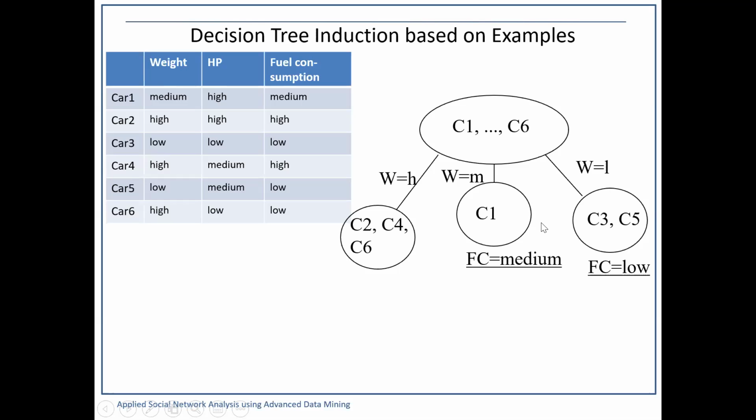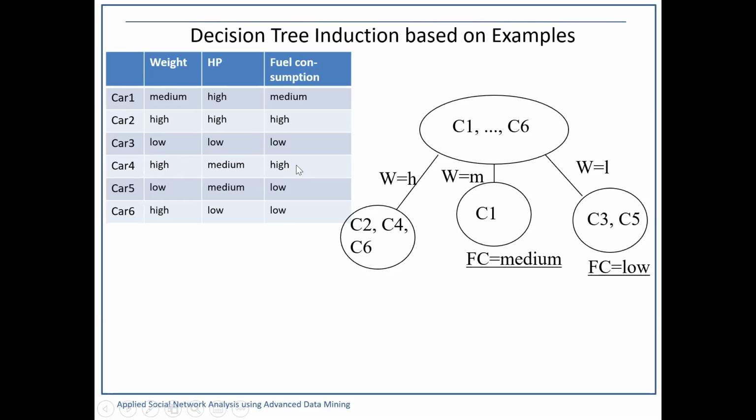As Moritz said, this level already tells me a lot, about half of my entire database. 3 out of 6 are already classified. Okay, that's not the case for cars with high weight. We have car 2, 4, and 6. Car 2 has high fuel consumption.